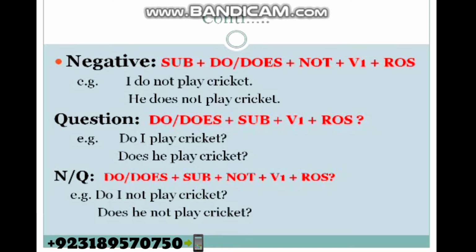Then we have the negative interrogative: do/does plus subject plus not plus verb first form plus rest of the sentence and question mark. Do I not play cricket? Does he not play cricket? So here this do we use at the beginning of the sentence.